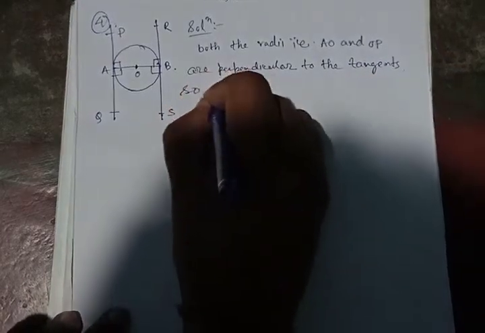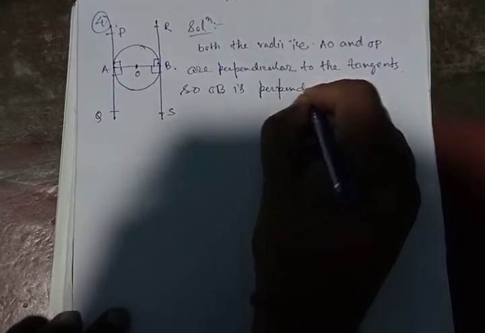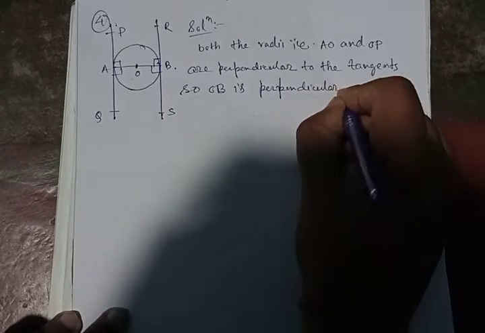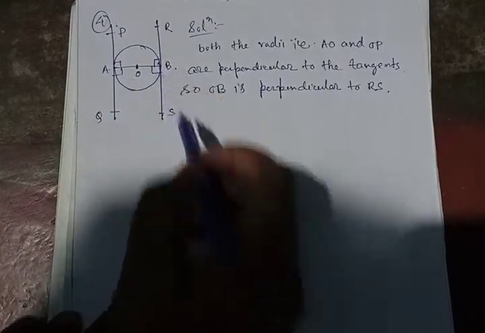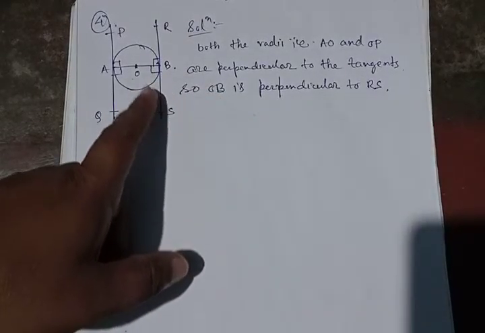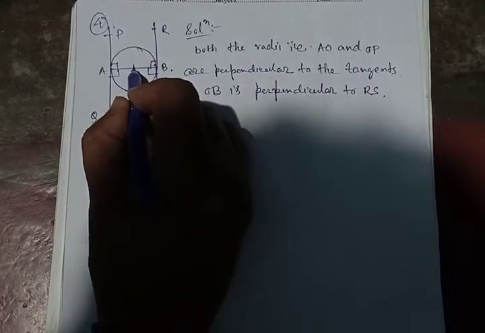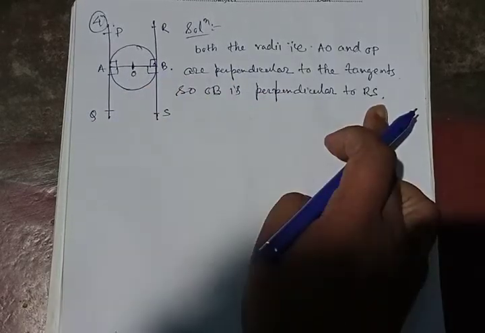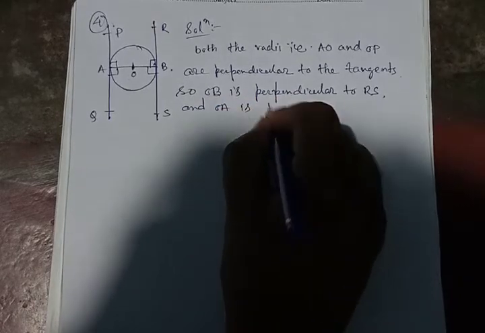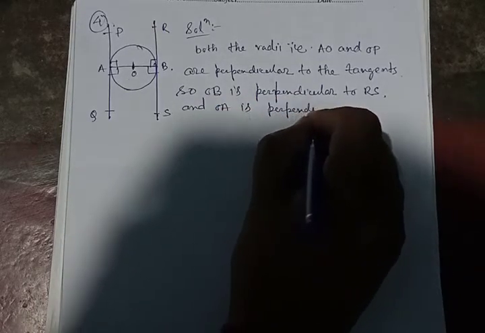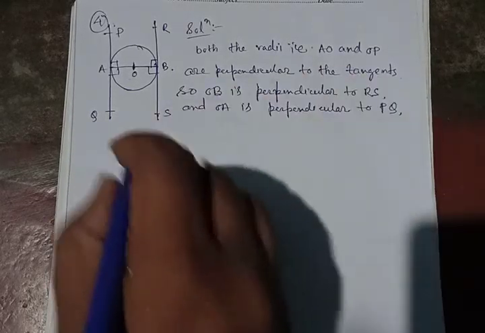So OB is perpendicular to RS. Obviously OB is perpendicular to RS. That I have shown previously. But if I consider the radius, not diameter, OB is perpendicular to RS, and OA is perpendicular to PQ.